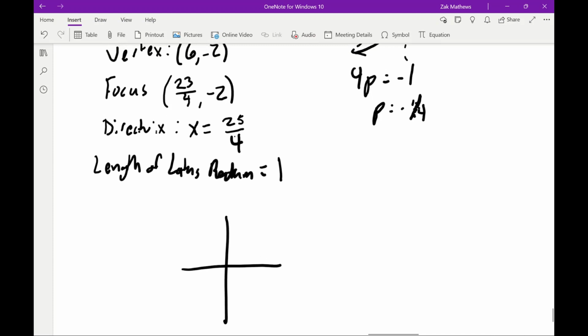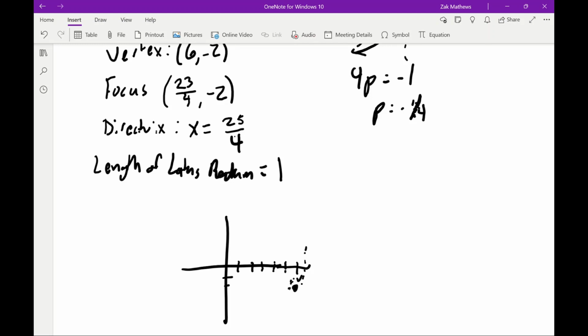The vertex again, positive 6, -2. 4, 5, 6, -2. So there's my vertex. My focus, we moved just a tiny bit to the left, and so barely any space in between, and that's probably even too much, but just to really see the difference, I'm going to put it there.